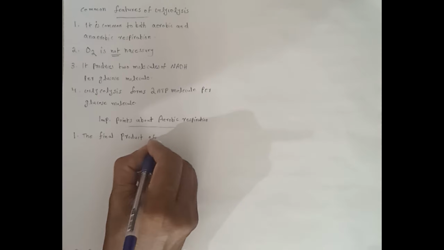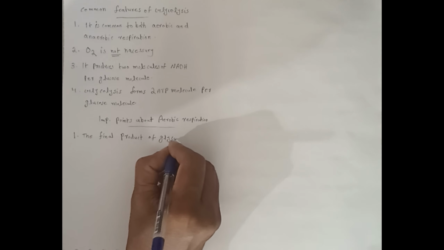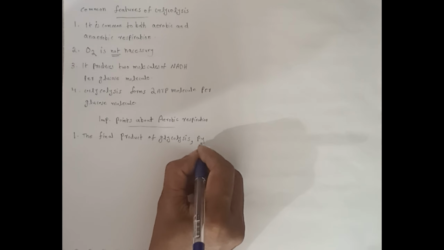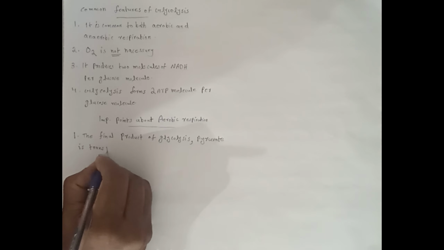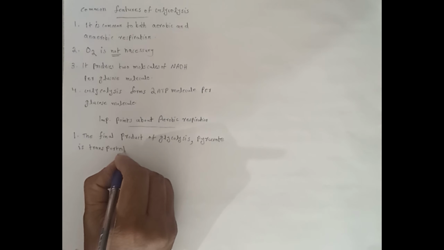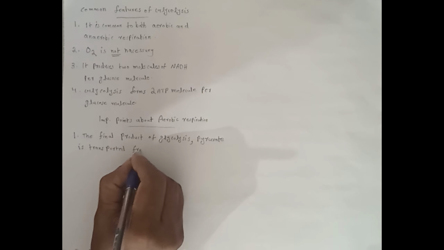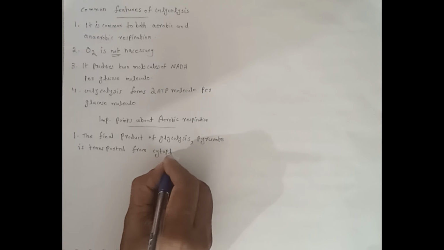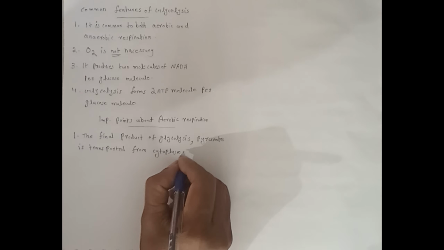First point, the final product of glycolysis, pyruvate, is transported from the cytoplasm to the mitochondria.